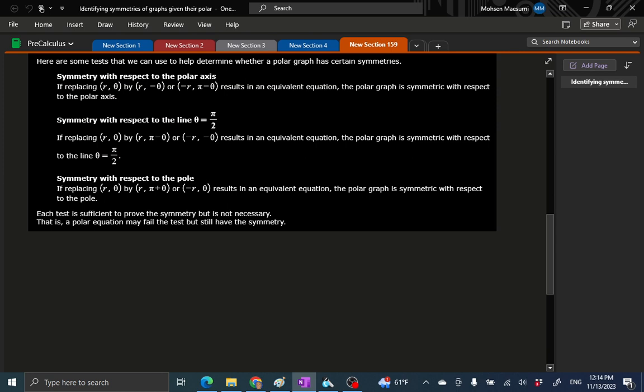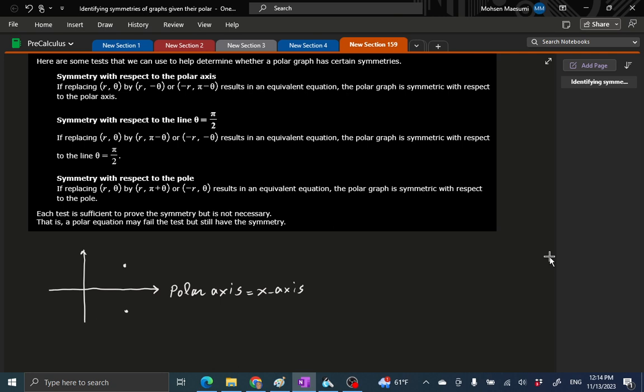Here we draw the coordinate system. The x-axis is called the polar axis. If an object has these two points in it, we say it is symmetric with respect to this polar axis.